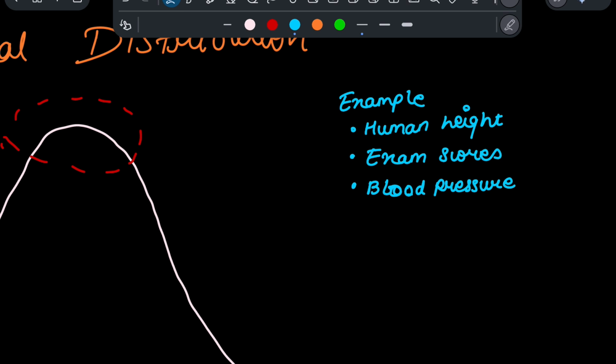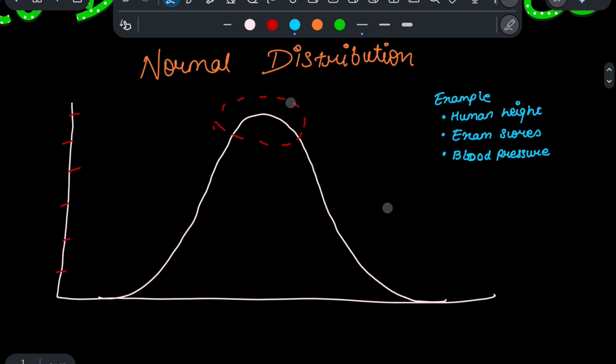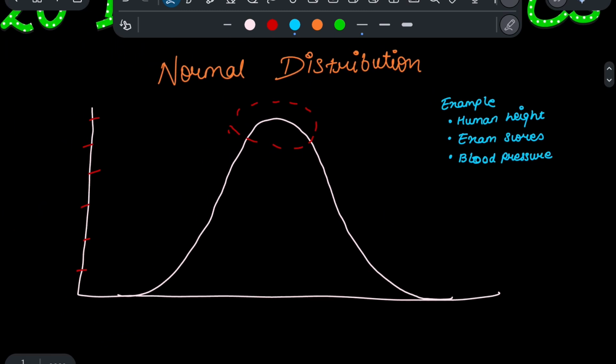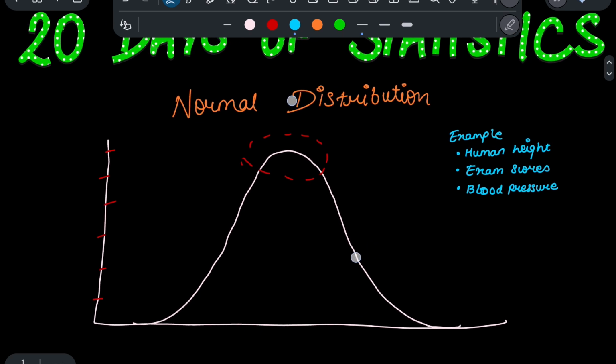So why does this appear everywhere? Because many small independent factors combine together. When multiple small factors add up, the result tends to be a normal distribution.